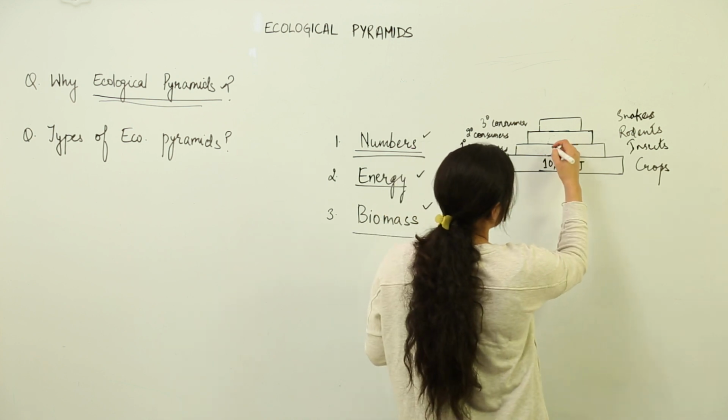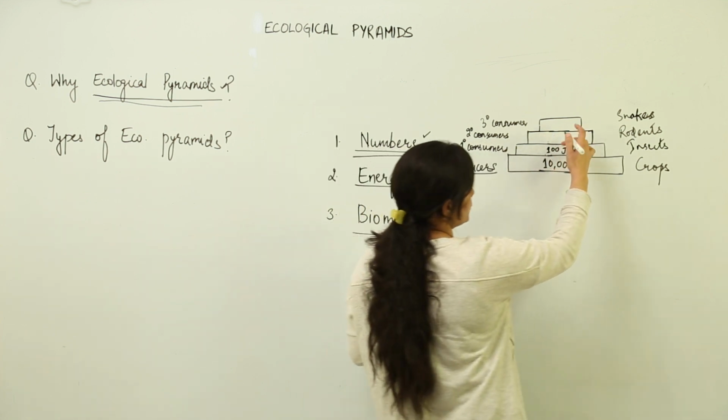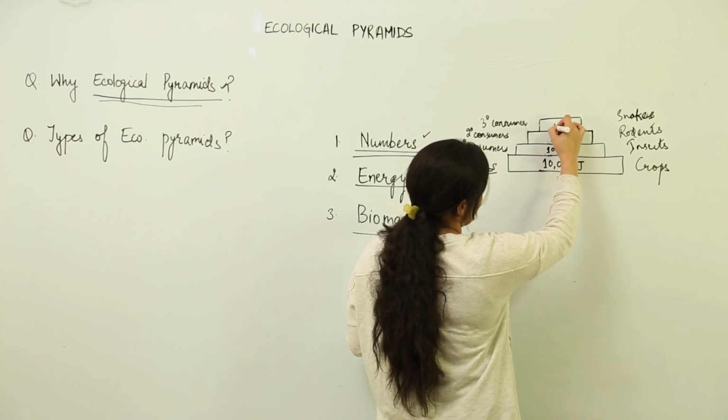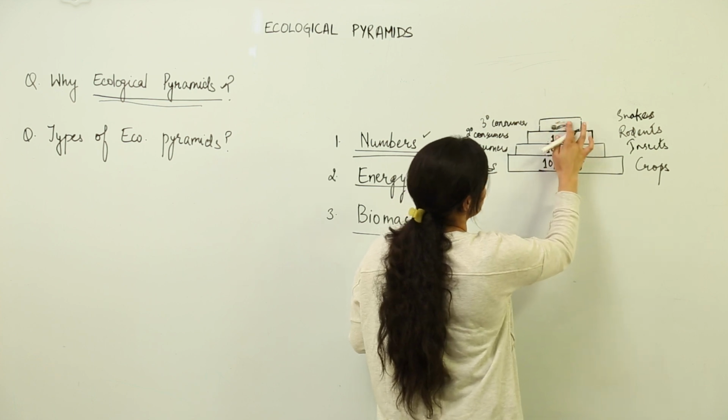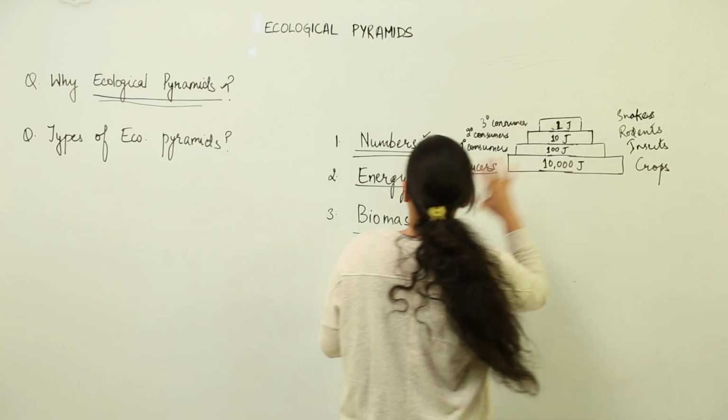So 10% of this energy would be 100 joules, would move further. Alright, then when we go to a higher level, it would be 10% of 100, that would be 10 joules, and the topmost one would have 0.1 joule only. Sorry, it would be 1 joule. So you see, we have a pyramid of energy as well.